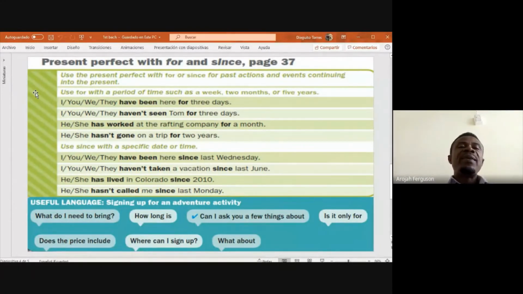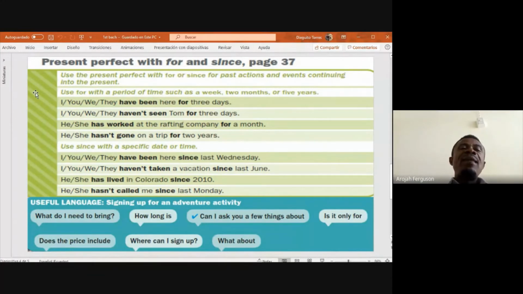Use the present perfect with for or since for past actions and events continuing in the present, which is ongoing, in process, into the present.